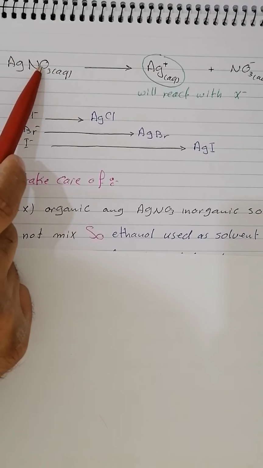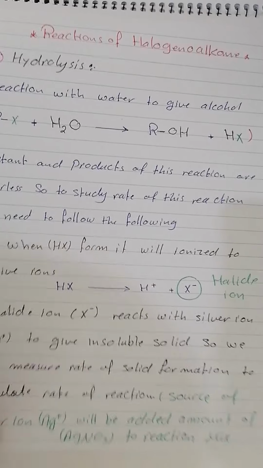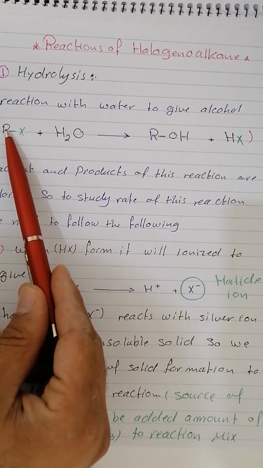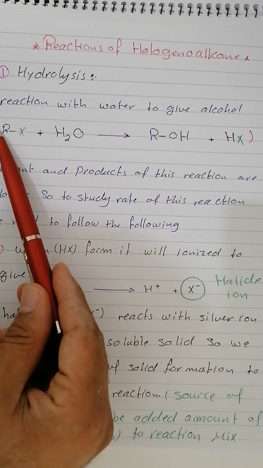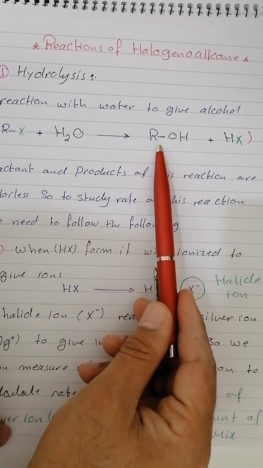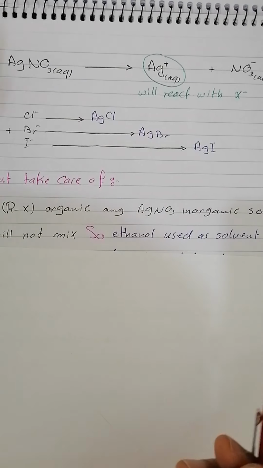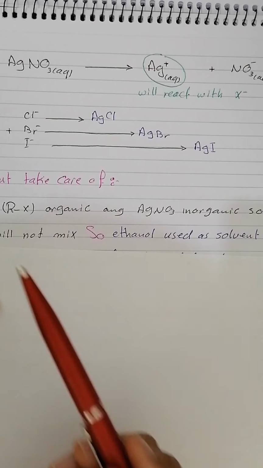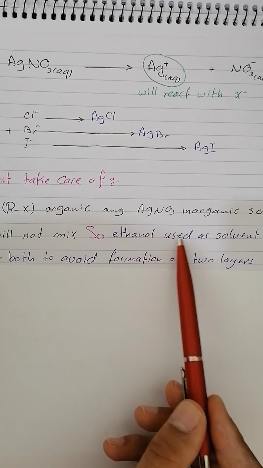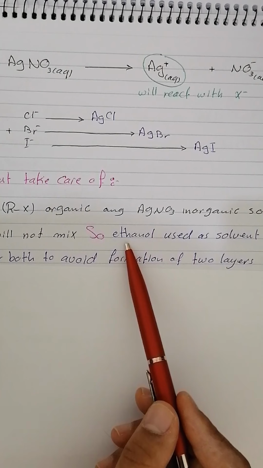Silver nitrate is inorganic, and the reactants here, the halogenoalkane and the alcohol, are organic products. So we will face a problem in how they will mix. So what we will need to do is use ethanol as a solvent. Ethanol is one of the unit 3 questions.